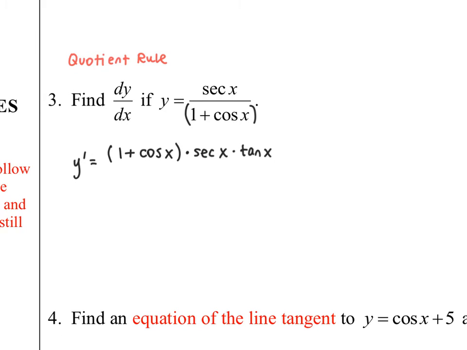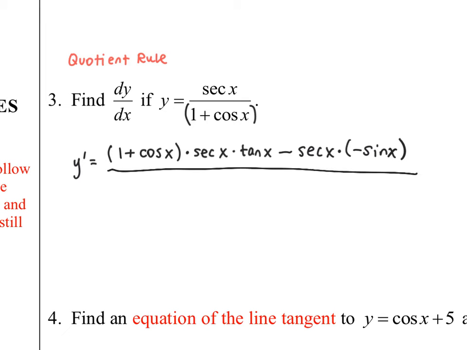And then I subtract the top times the derivative of the bottom. So it's my function in the numerator as is, times the derivative of the sum. The derivative of the 1 is 0, so there's just nothing written there. And then times the derivative of cosine x, which is my negative sine x. And then I have to do that all over my denominator squared.